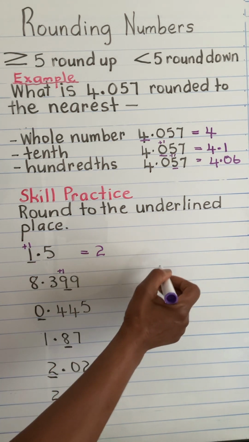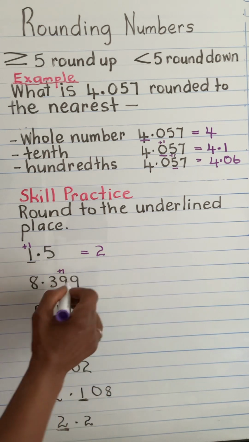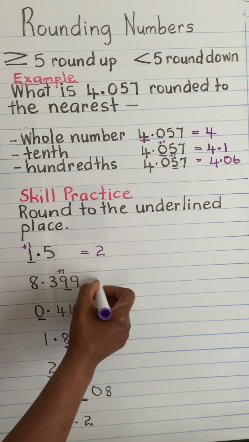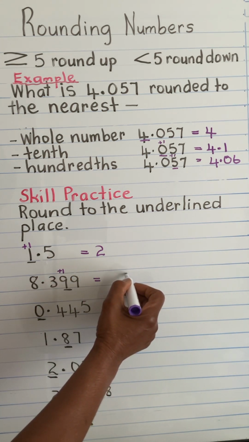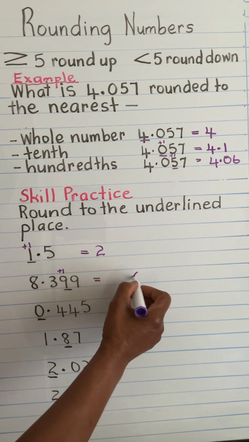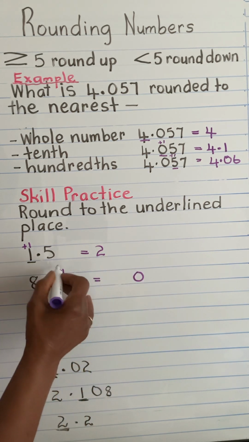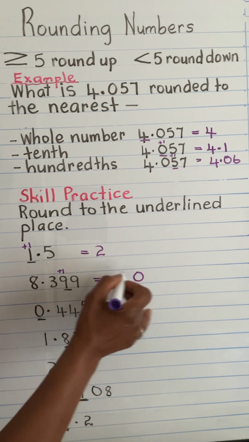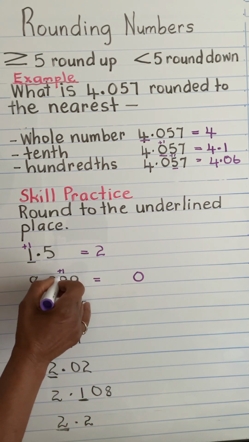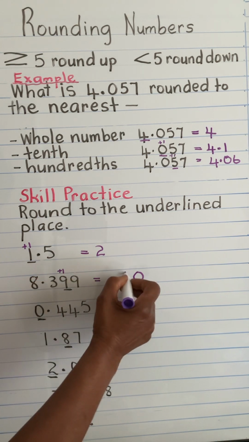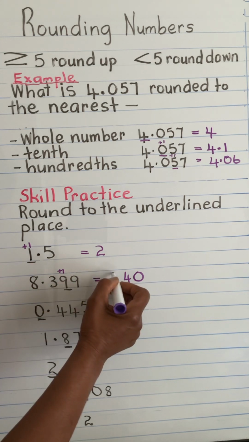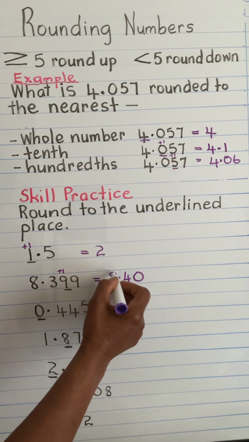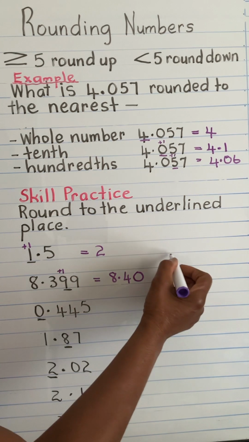So 9 plus 1, 10, so we're going to put a 0 and carry the 1 over there. And 3 plus 1, 4, and then 8.